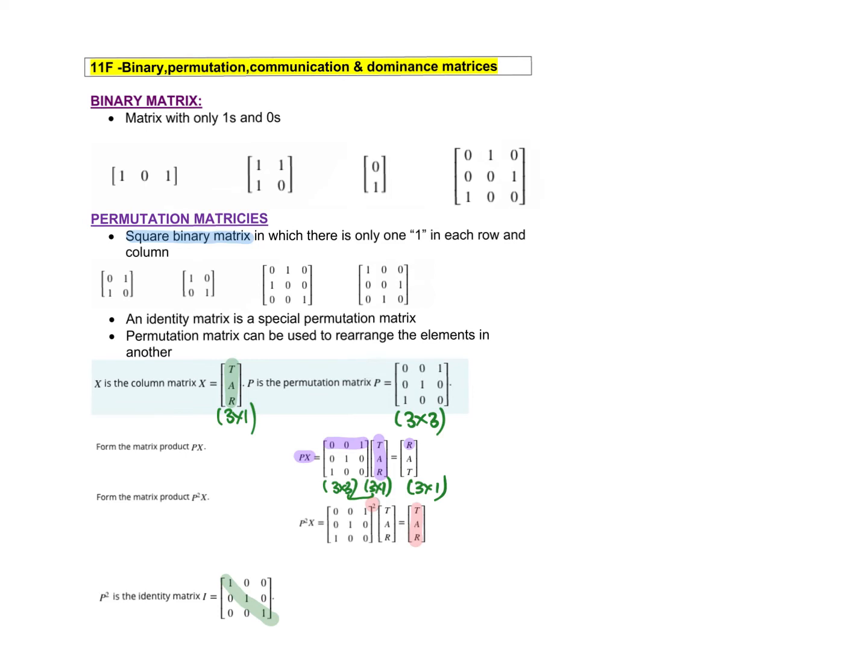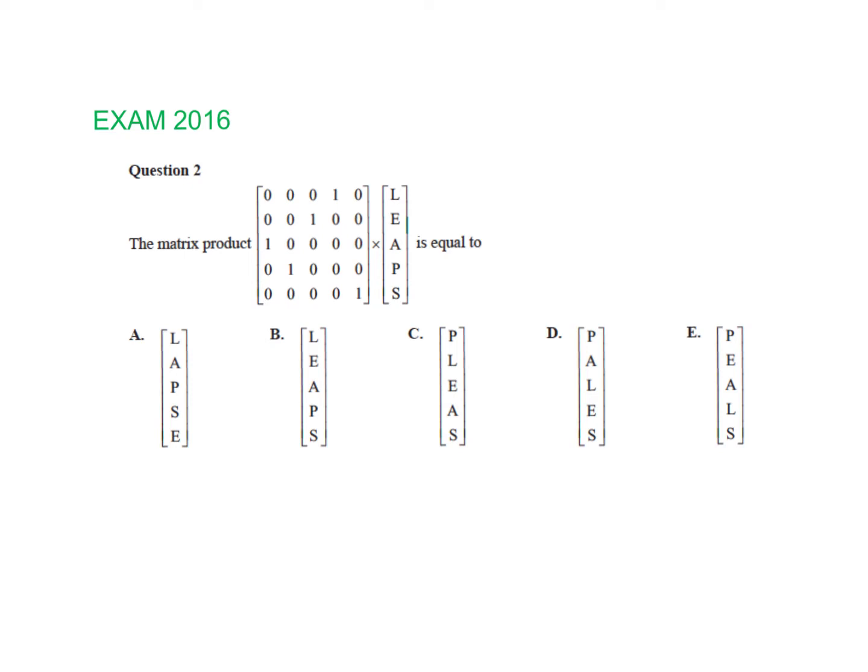Okay, so let's have a look at this exam question using permutation. You don't really get asked to define it, you just get asked to use it. Here, it says the matrix product is equal to... Understanding how the manual multiplication works can make it a lot easier, because you're not going to want to type in that 5 by 5. That's going to be annoying and time consuming.